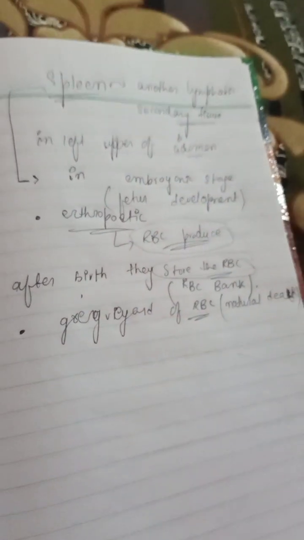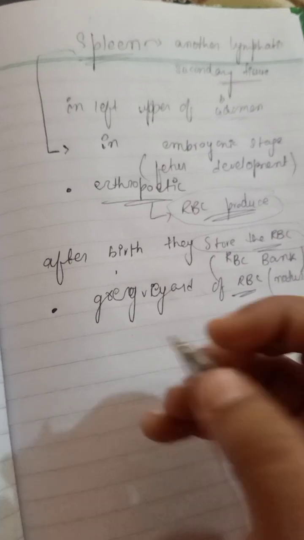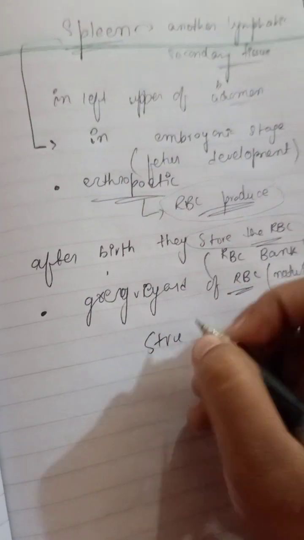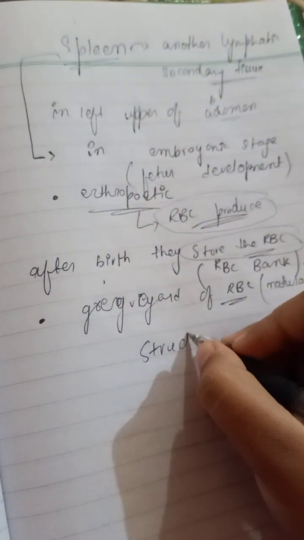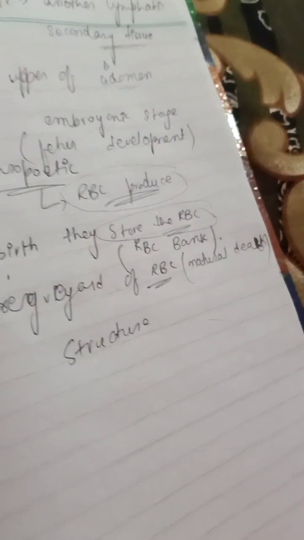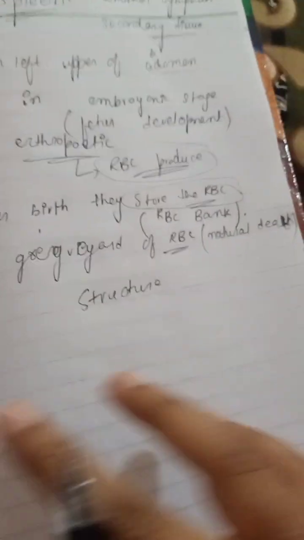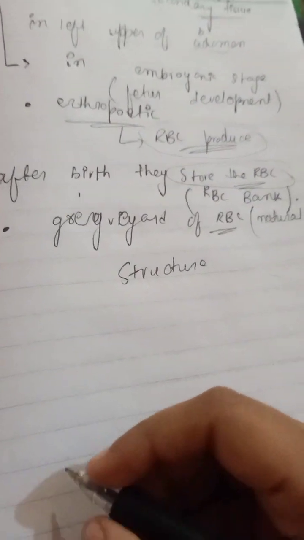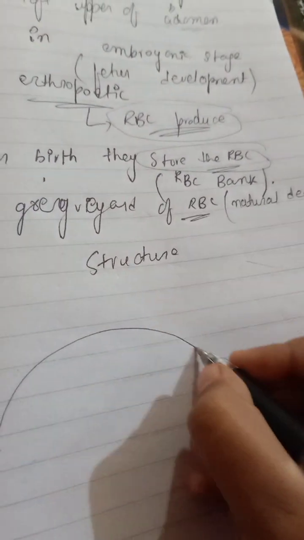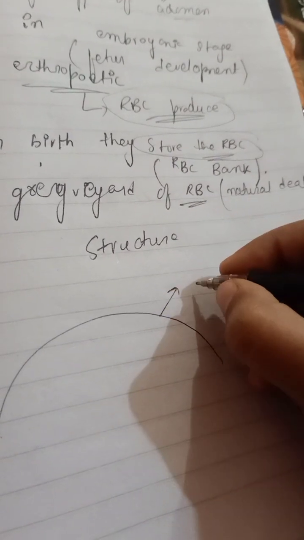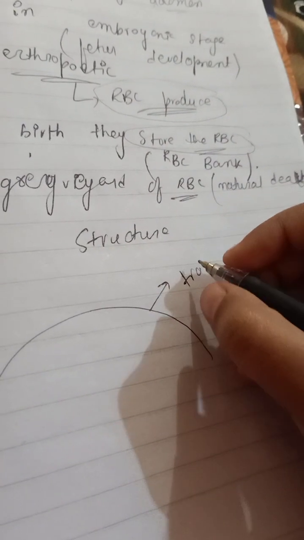One more thing I want to tell you is about the structure of the spleen. This was a little bit of an introduction about this organ. As you all know, I told you about the lymph nodes, and in the spleen lymph nodes are also there.